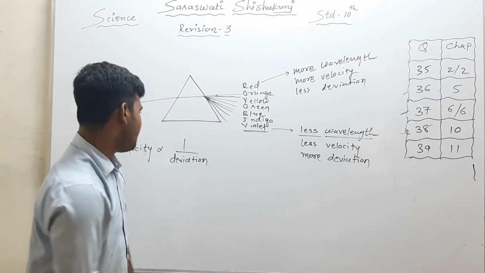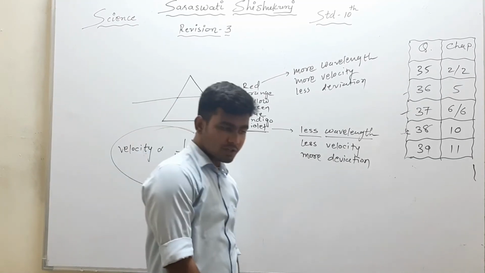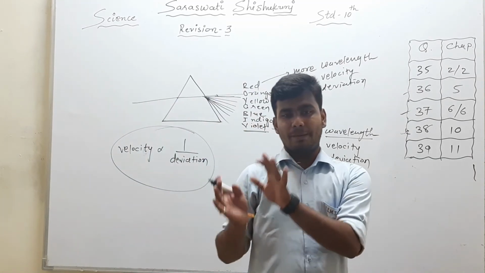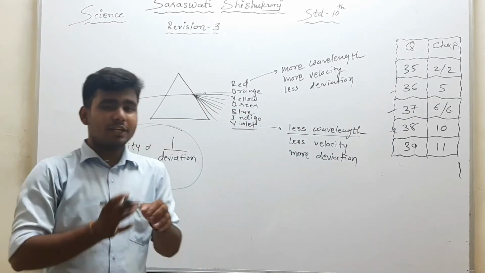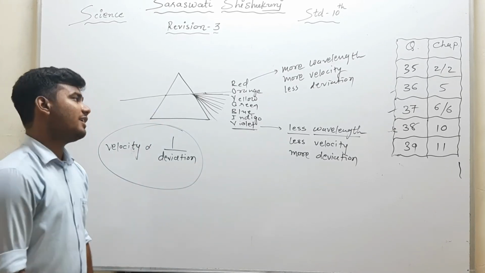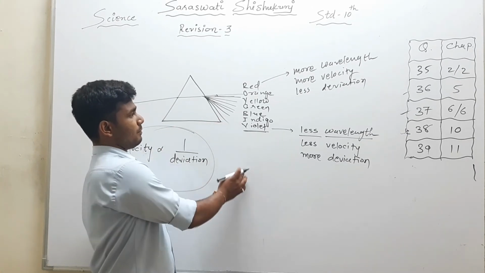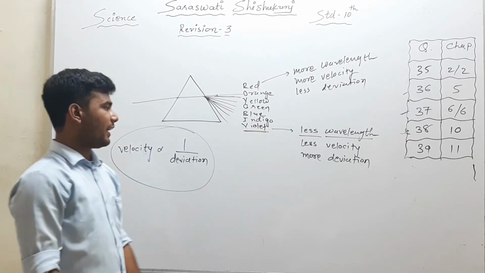Okay, so this way beta we can understand the dispersion of white light. So what is dispersion of white light? The separation of white light into 7 different wavelengths is considered as dispersion of light. From that we get the spectrum. From downward to upward, it will be violet, indigo, blue, green, yellow, orange and red.